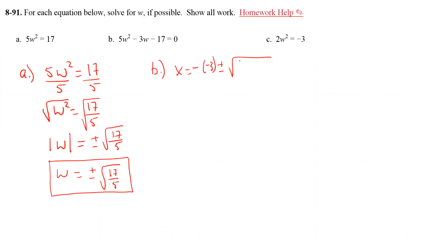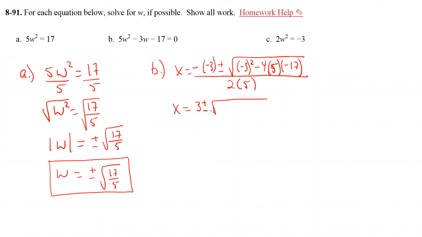Remember, this has to be b squared, so negative 3 squared, and then minus 4 times 5 times negative 17, all divided by 2 times 5. All right, so now we get x equals 3 plus or minus, okay, what's underneath here?